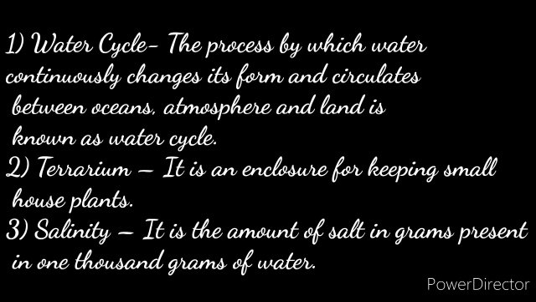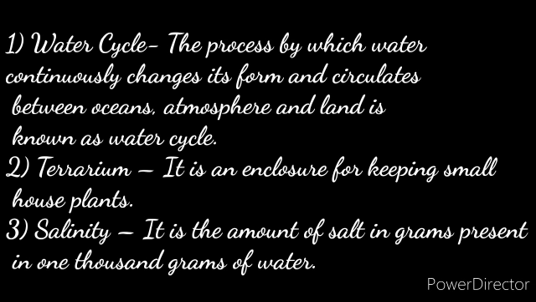The process by which water continuously changes its form and circulates between oceans, atmosphere, and land is known as water cycle. Means the process in which water circulates between land and ocean and in the atmosphere, then that particular process is known as water cycle.